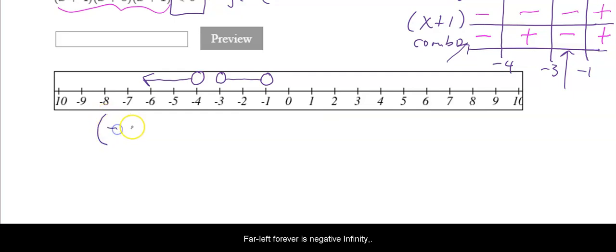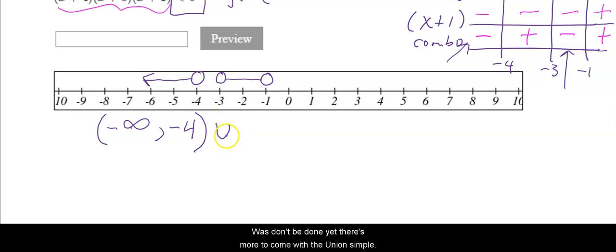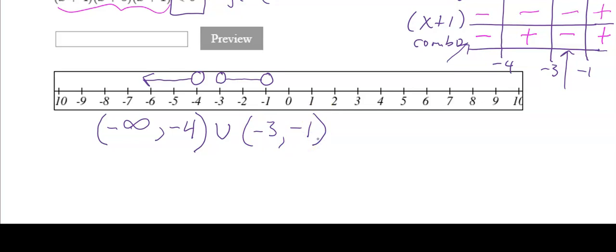Far left forever is negative infinity, comma, stop at negative 4, but it's empty, so use round parentheses. Plus, don't be done yet, there's more to come with a union symbol, round at negative 3, and go up to negative 1, but don't include negative 1 either. This is how you can solve a polynomial inequality.